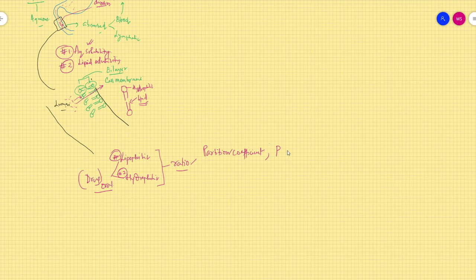So what is this P? P is the concentration of the drug in the lipid part of the membrane divided by the concentration of the drug in the aqueous environment. How do we determine the partition coefficient of a drug experimentally?